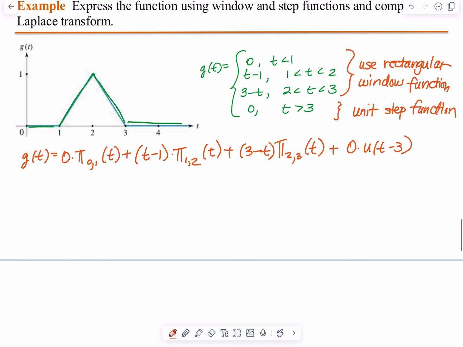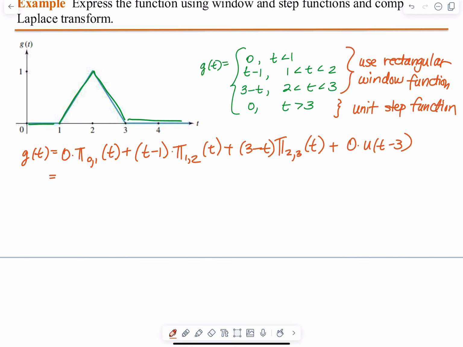Okay, so what we have now is this term gone and this term gone.